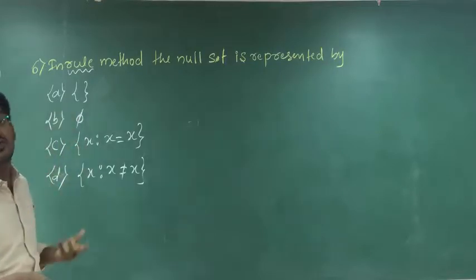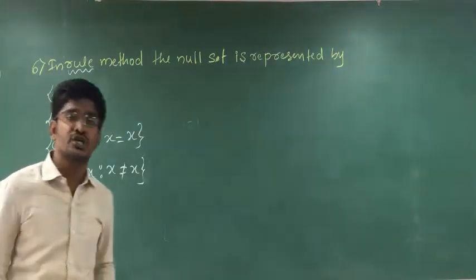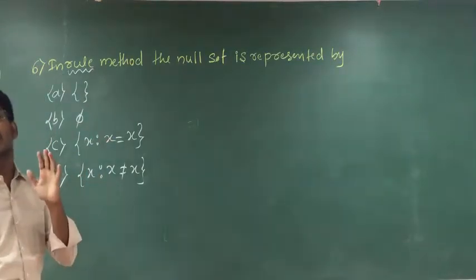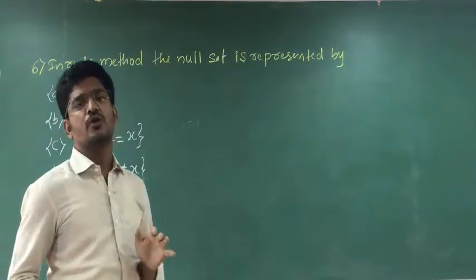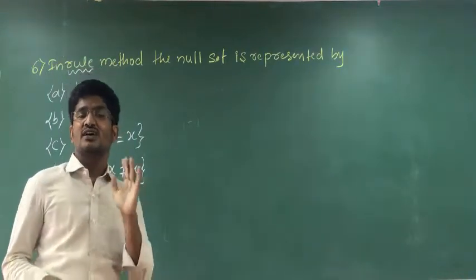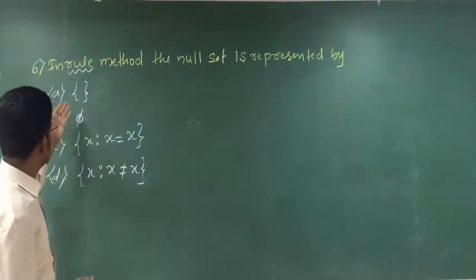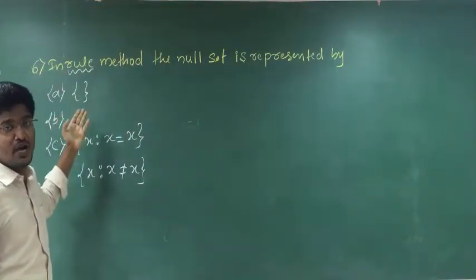Directly you can take one of these if you don't understand the question carefully. If you understand the question carefully, then there will be patience in solving that particular problem. Null set everyone knows.